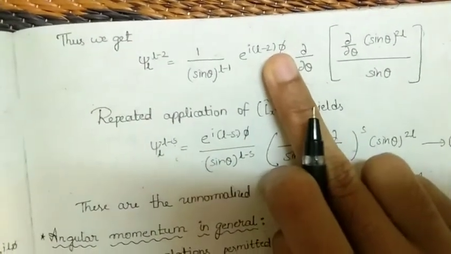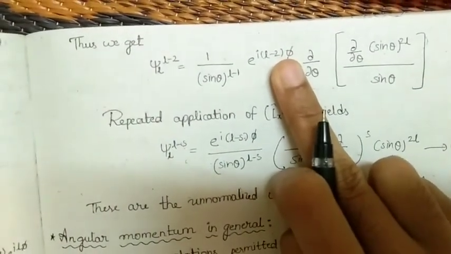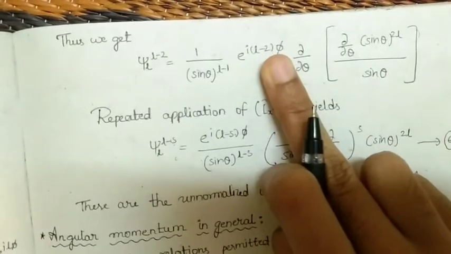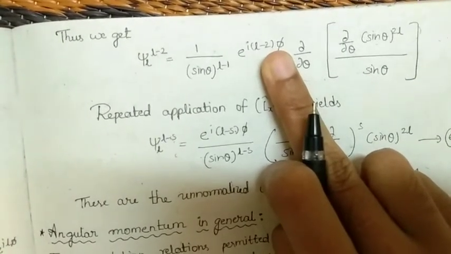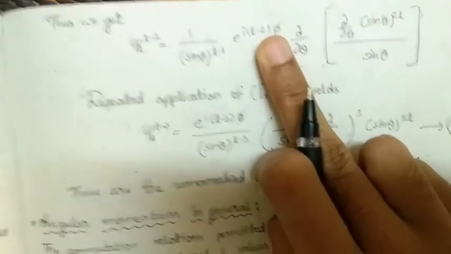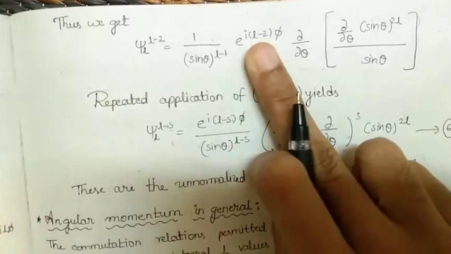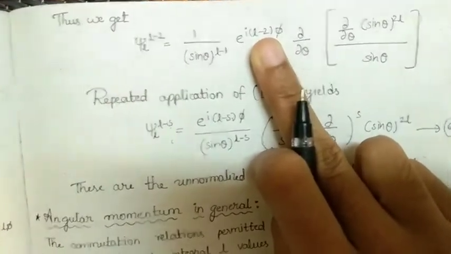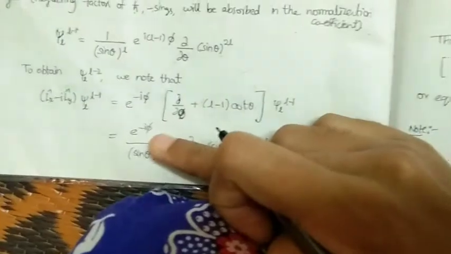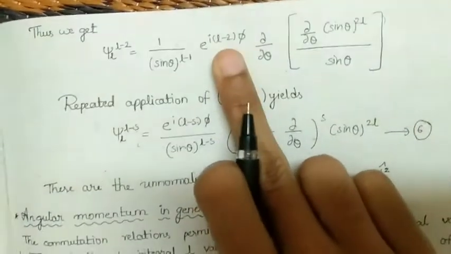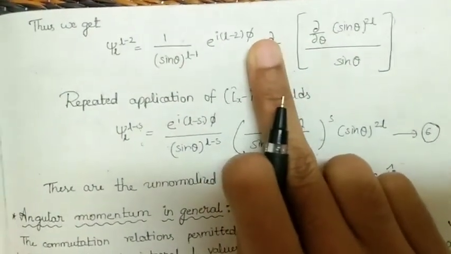Actually we have e^(i(L-1)φ) in the place of ξ_L^{L-1}. So e^(i(L-1)φ) times e^(-iφ) gives e^(i(L-2)φ) after the simplification procedure.